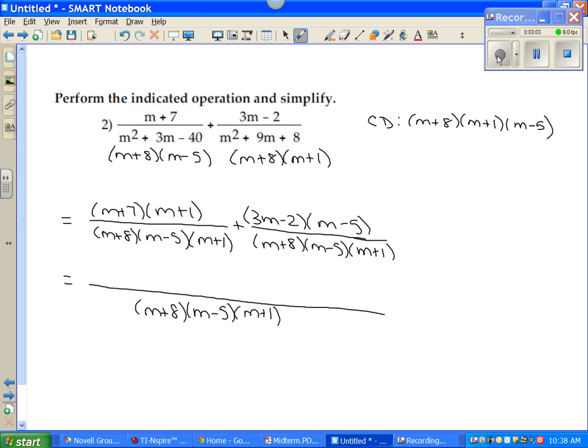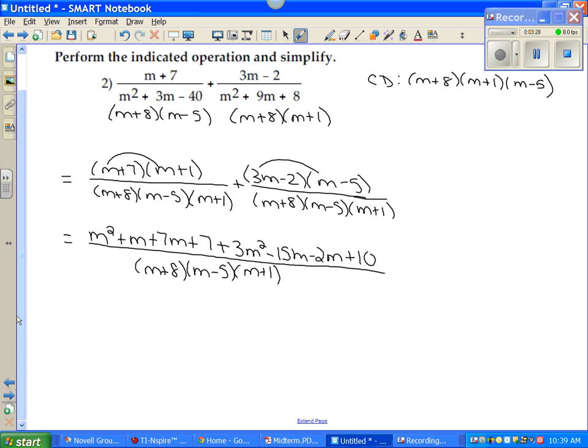Okay, so I have to FOIL the first two here. So this becomes m squared plus m plus 7m plus 7. We okay with that? Plus, over here now, 3m squared minus 15m minus 2m plus 10. Now what?